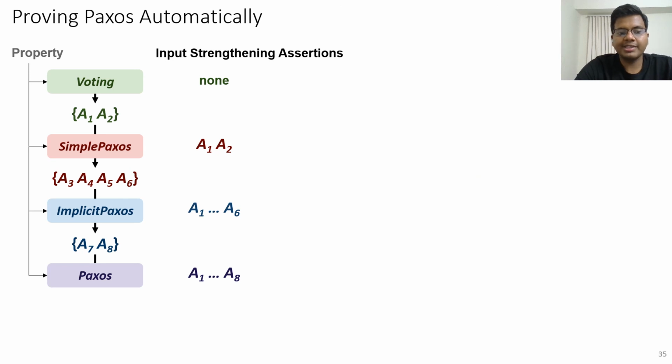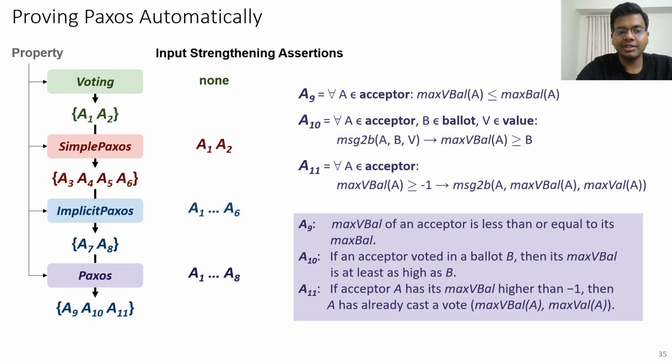And finally, passing all above assertions, that is A1 to A8, as input strengthening assertions to Paxos, IC3PO automatically derives 3 additional assertions A9 to A11. Altogether, this inductive proof with 11 assertions provides the first automatically inferred inductive invariant of Lamport's Paxos.